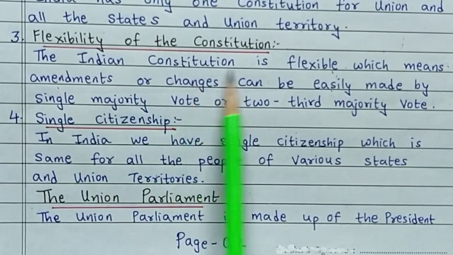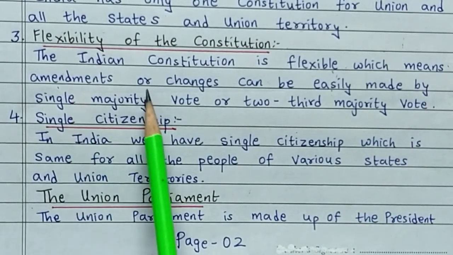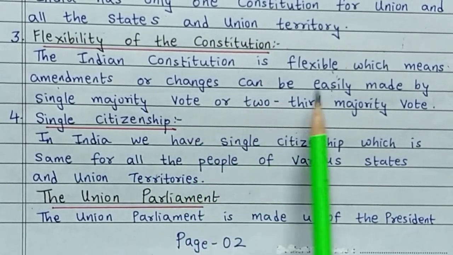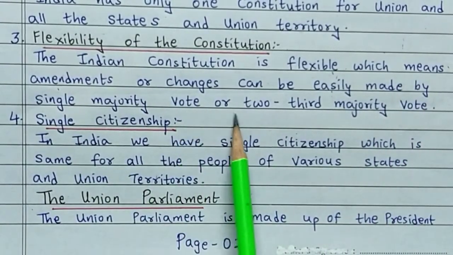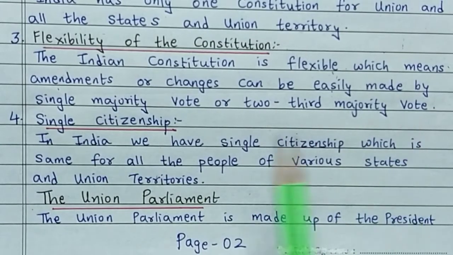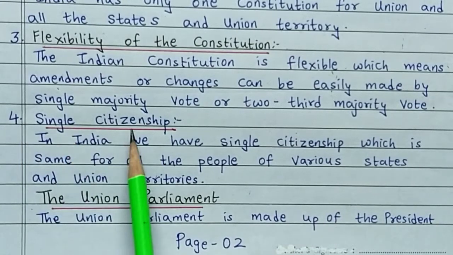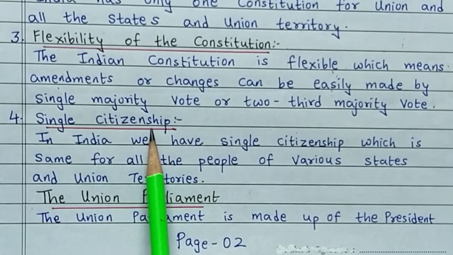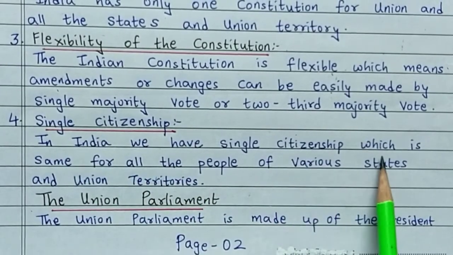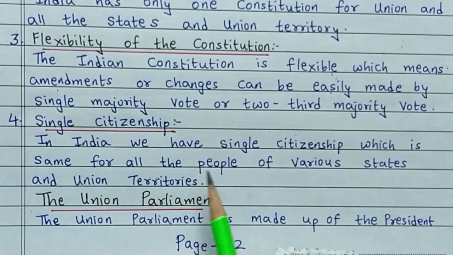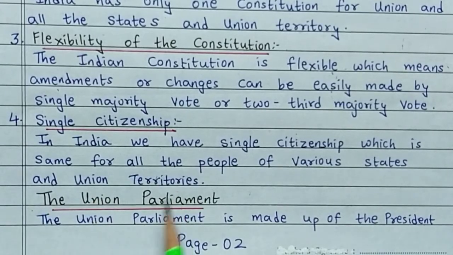The Indian constitution is flexible, which means amendments or changes can be easily made by a single majority vote or two-third majority vote. Number 4. Single citizenship. In India, we have single citizenship which is the same for all the people of various states and union territories.